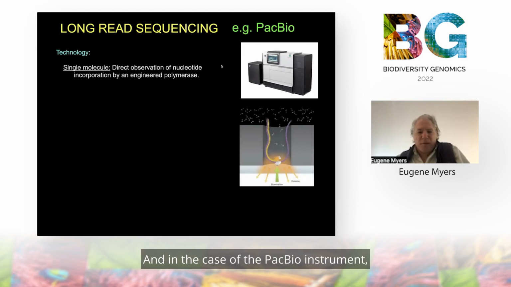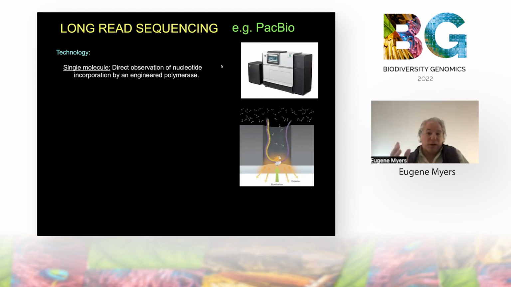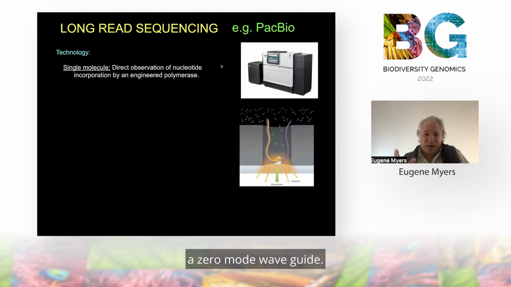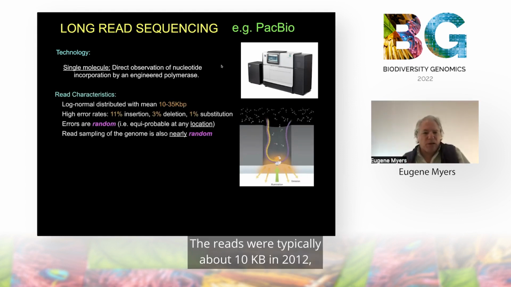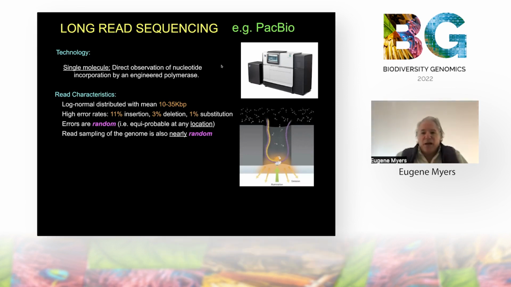And in the case of the PacBio instrument, they directly observed the incorporation of labeled nucleotides by an engineered polymerase, biotin affixed to the bottom of a zero mode waveguide. The reads were typically about 10 kb in 2012, gradually increasing with improvements to 35 to 50 kb today.